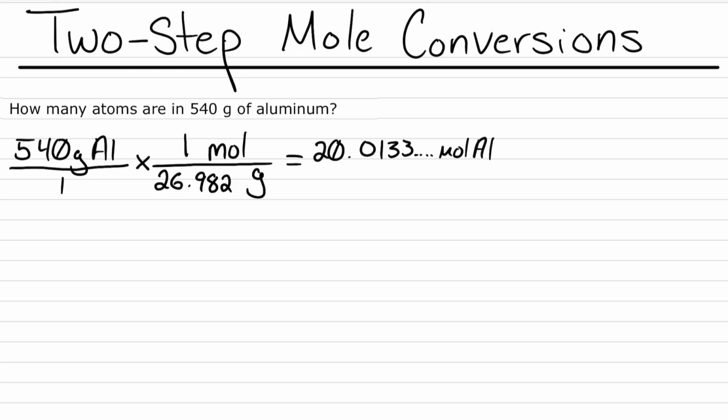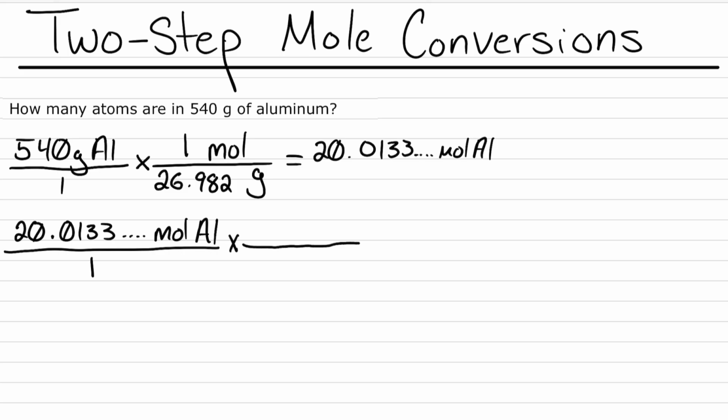Next up, I need to take my moles of aluminum and convert them to atoms. So I take my 20.0133 etc. moles of aluminum, and then I need to convert it to atoms. So I want atoms, so it goes on the top. I have moles, it goes on the bottom.